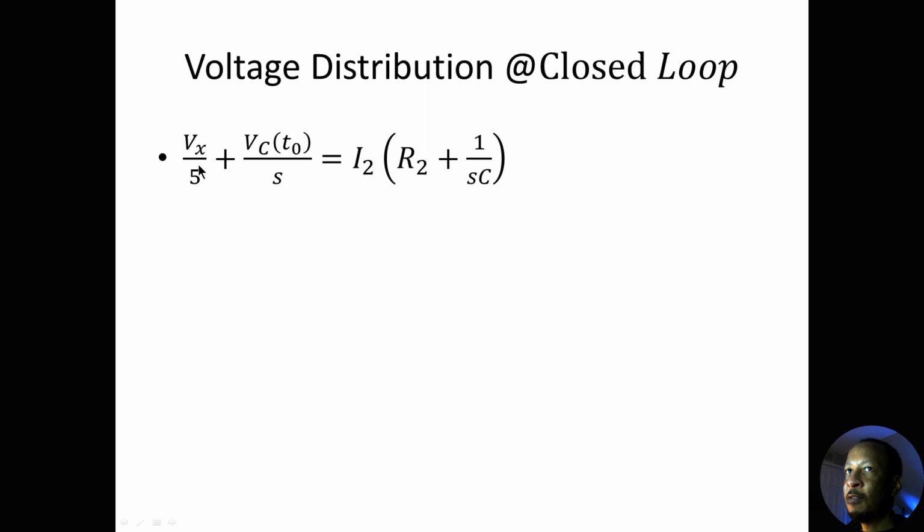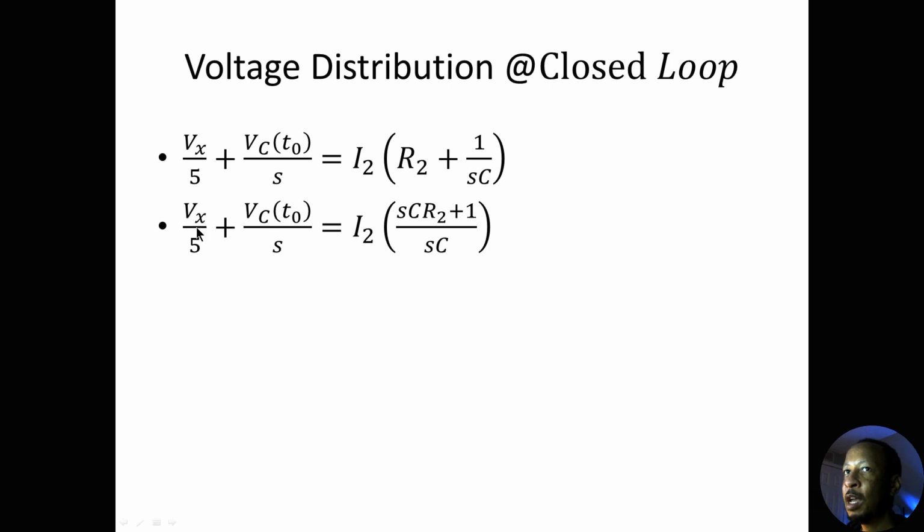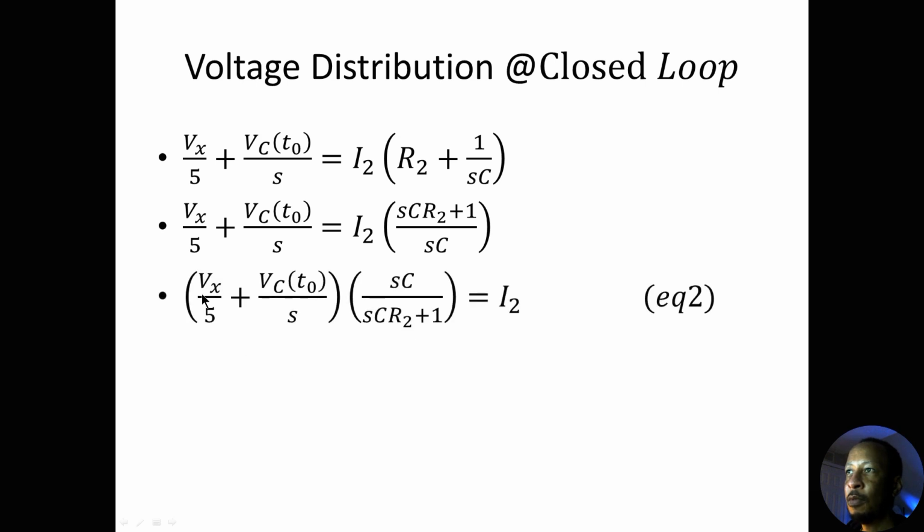Next, that equals I2 times SCR2 plus 1, divided by Sc. Next, we have Vx divided by 5 plus Vc of t sub 0 divided by S, all of that times Sc divided by SCR2 plus 1, equals I2, and I call that equation 2.